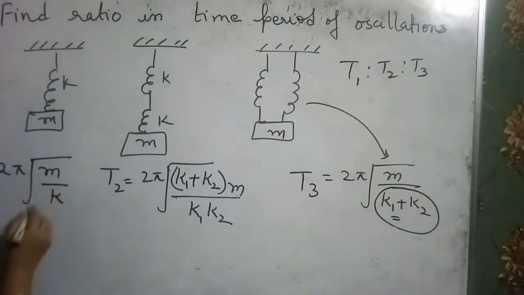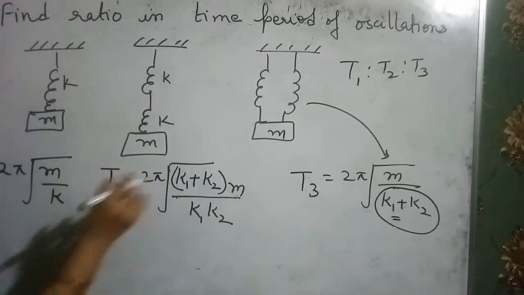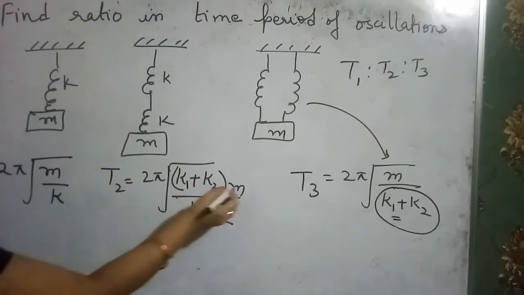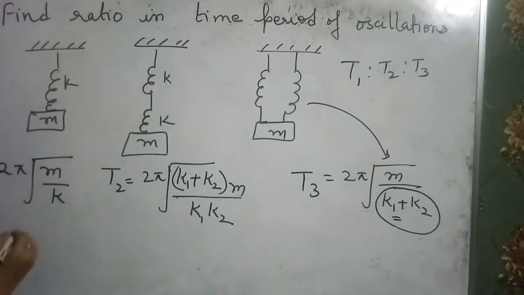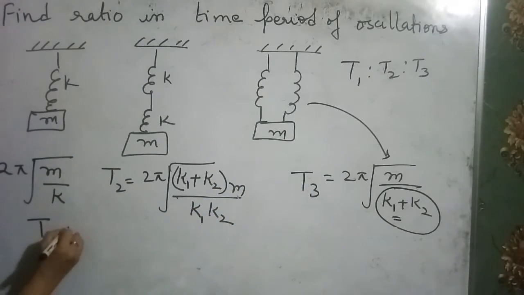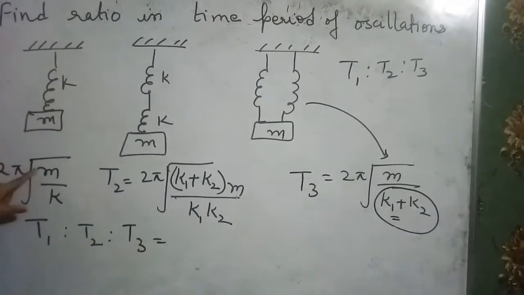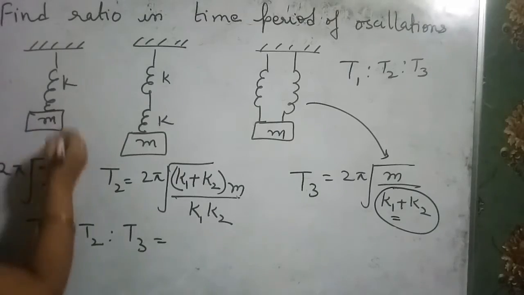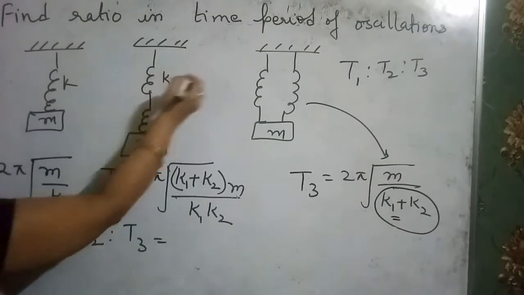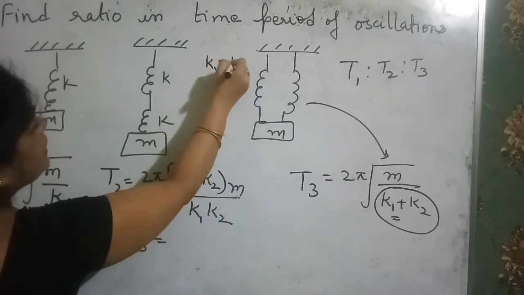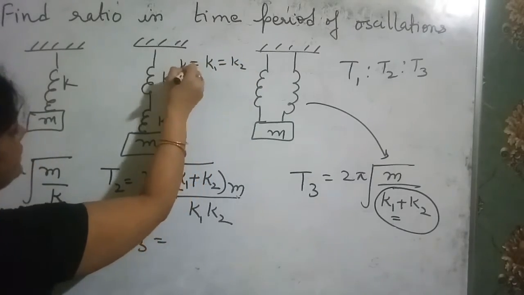For example, when we compare this, the m and 2 pi get cancelled. So the ratio of T1 is to T2 is to T3, if we put K1 equal to K2 equal to K. Clear?